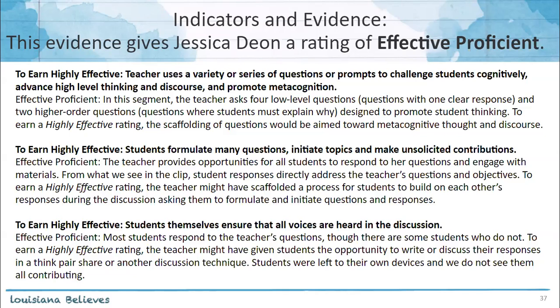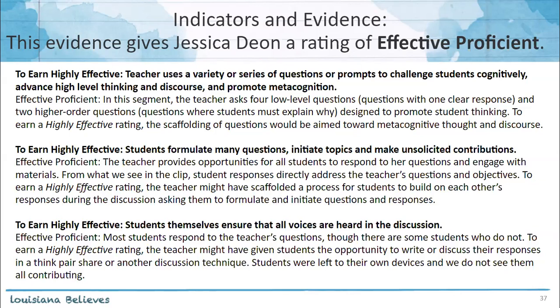When we hone in on this strand, we note the following reasons why this strand, not the overall teacher rating, is effective proficient. And note, there's not an expectation that a teacher merit every descriptor in a column to earn the rating, but the majority of this descriptor should be accomplished in each indicator. When we bear this in mind, we note the final ratings assigned on this slide. So take a minute.